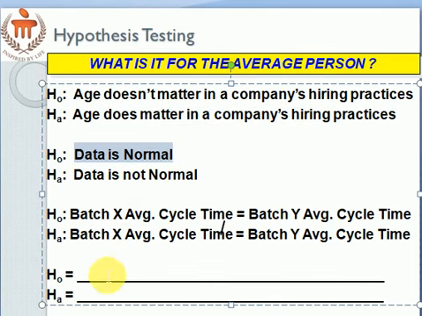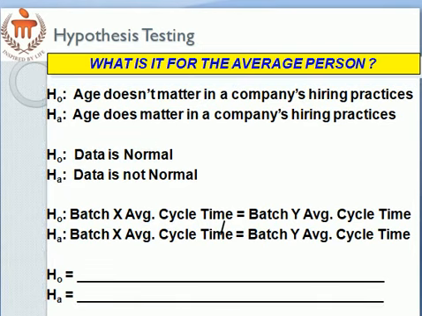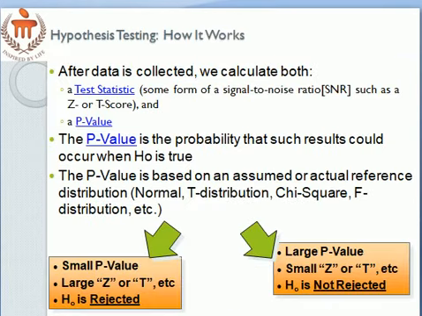So let me show you the final decision matrix. In the next video I will show you how to perform hypothesis testing in SPSS or Minitab. In any software you will find the p-value, and based on the p-value you have to take some decisions. There is a tagline: if p is low, null has to go.